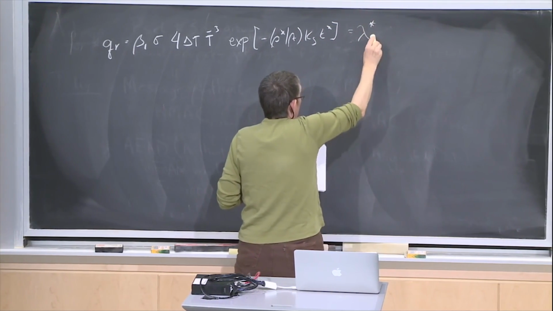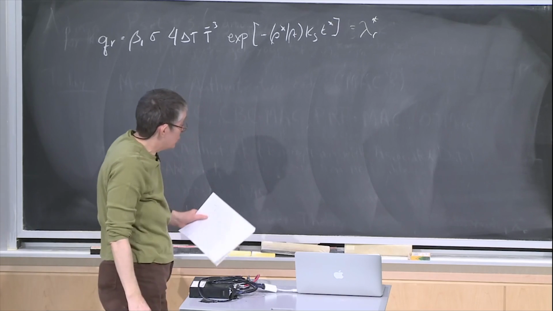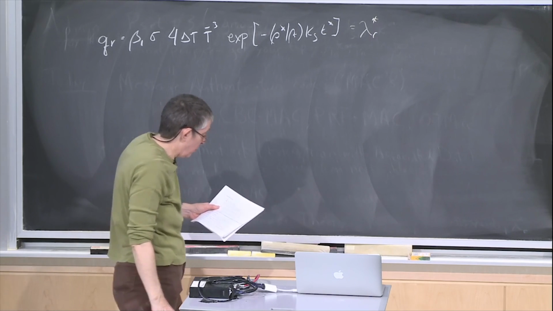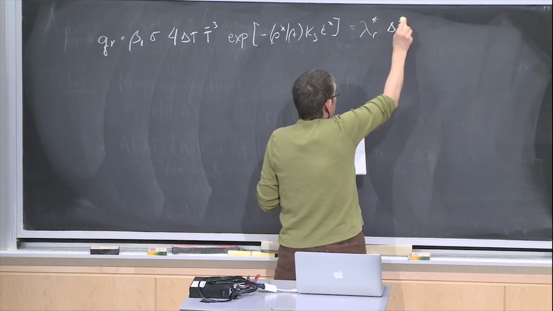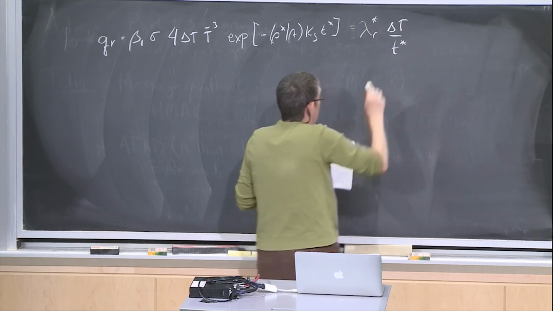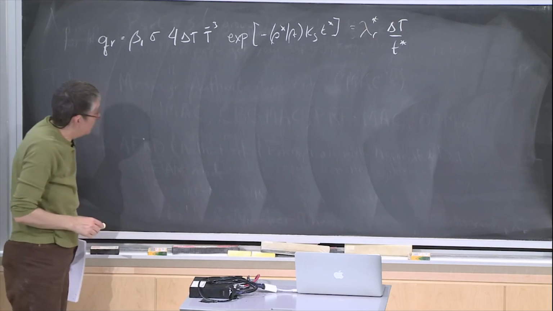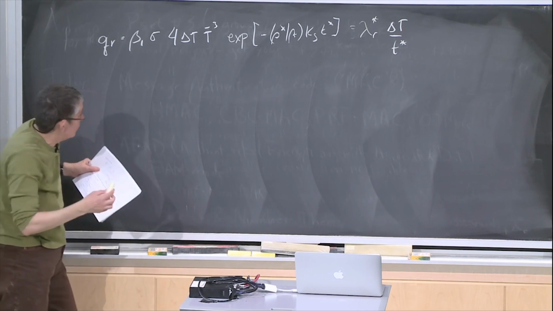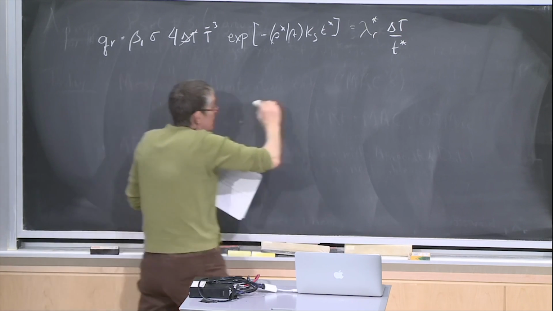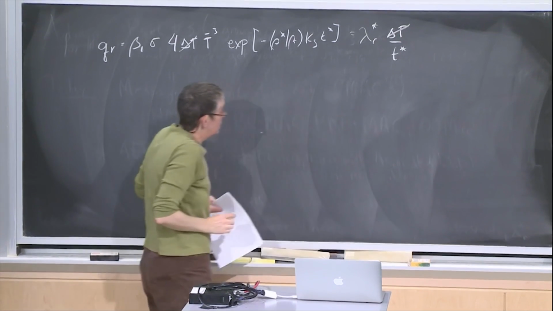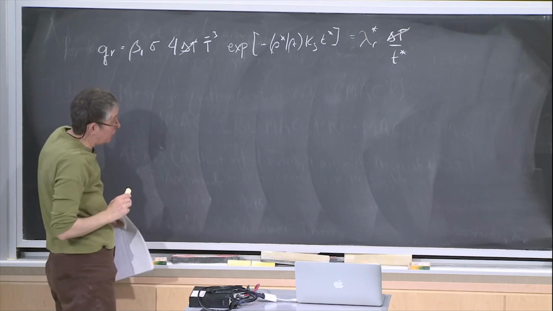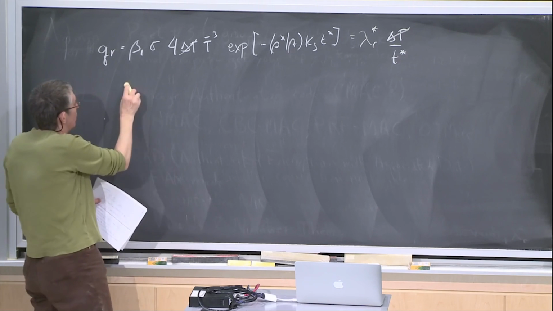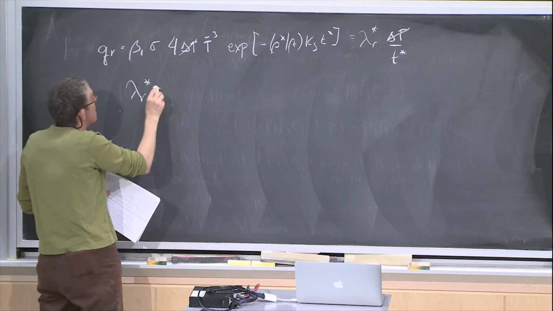And that's going to equal the radiative contribution to the thermal conductivity of the foam. And instead of dT by dx, I'm going to have delta T over T star here. So part of the reason for doing these approximations is I end up with a delta T term on both sides, and now I can cancel that out. And if I just take this mess here and multiply it by T star, then I've got lambda R star.